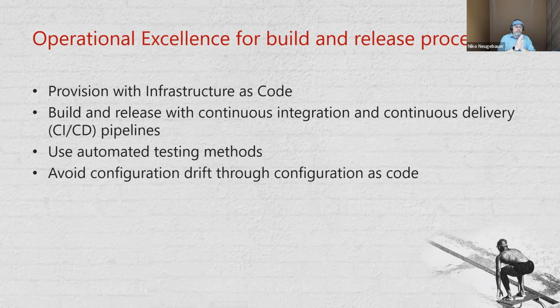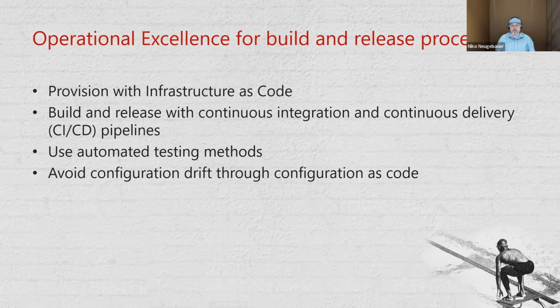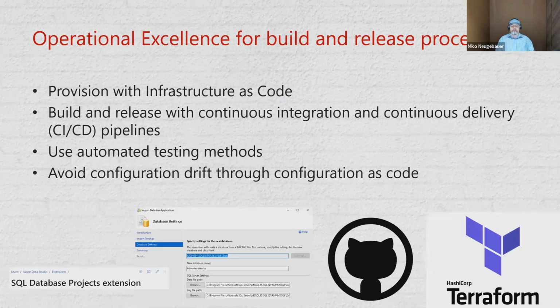You should be avoiding configuration drift through configuration as code, because it's so easy to change some of the parameters. You know it even from SQL Server as a standalone product. You can reconfigure something and then the system works in a different way. And oh my God, who did what? Why should we now go and scale up to sustain the workload? Those are some typical problems.